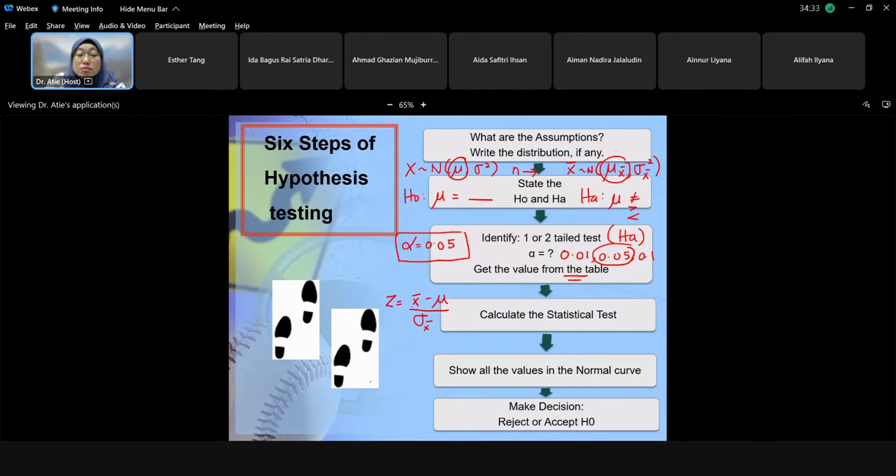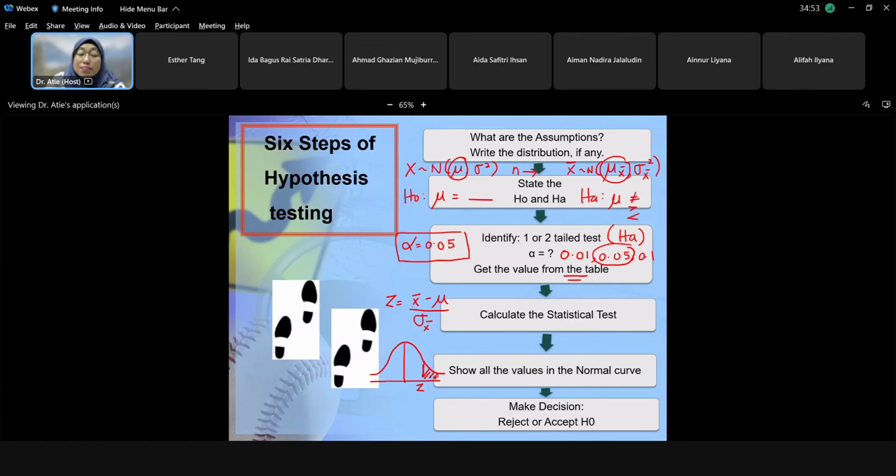So what you need to do is draw where actually the location is that you are looking for. If it is a one tail or two tail, where actually is the area of your alpha, and what is the Z value, and so on.